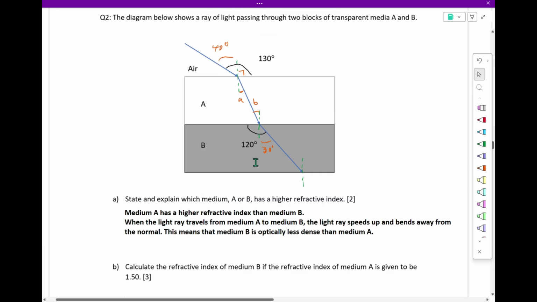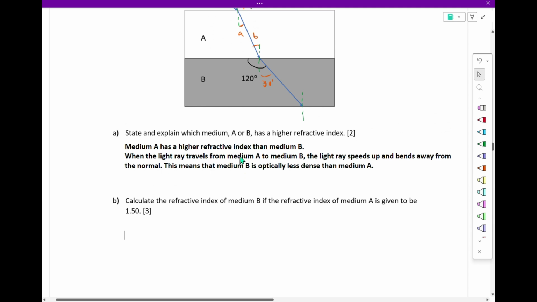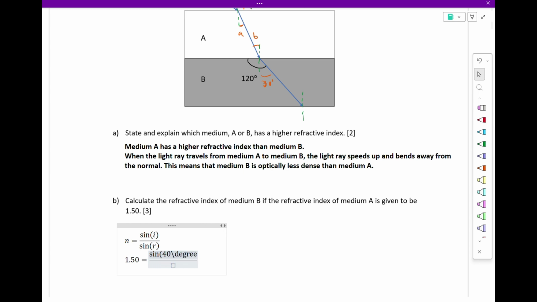Alright, so first things first, we need to solve for angle A. So what we do first is we use n equals sine i over sine r. Now why we can use this is because don't forget we are moving from air to A. So we can use this directly. So 1.50 is equal to sine of 40 degrees over sine of A, which we don't know.